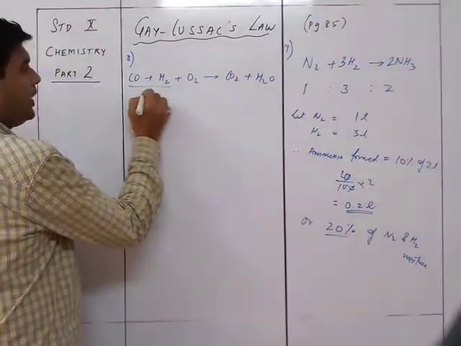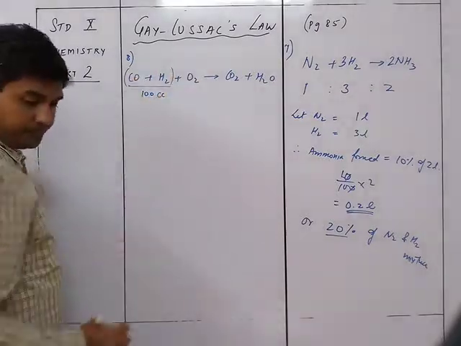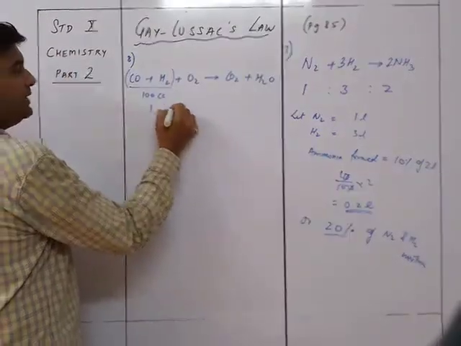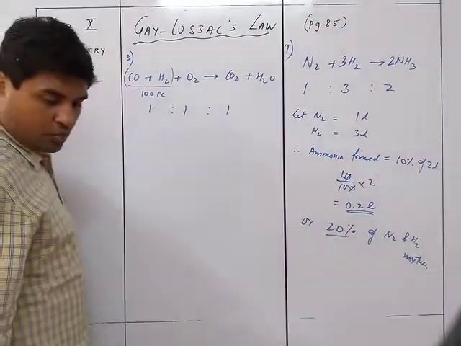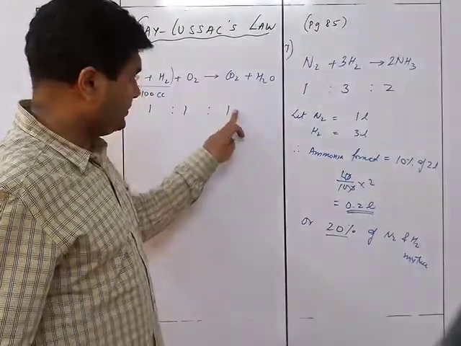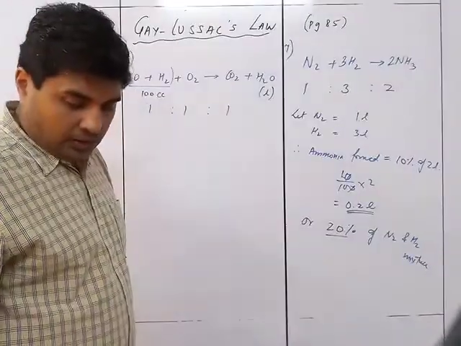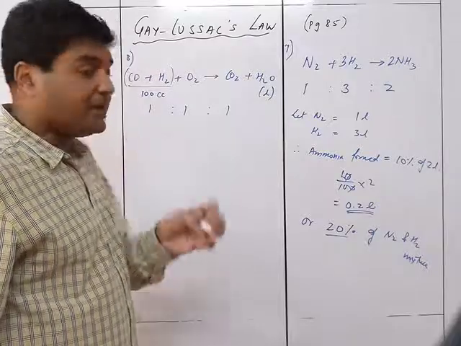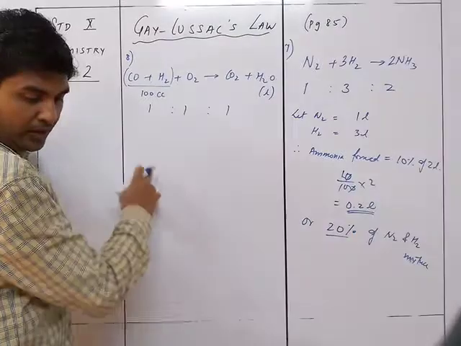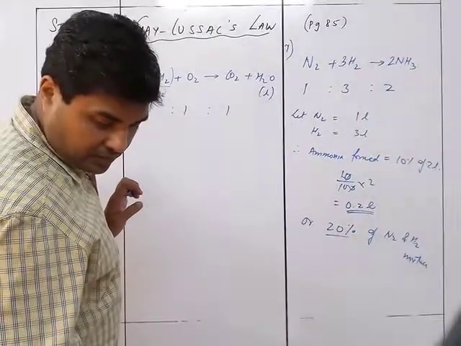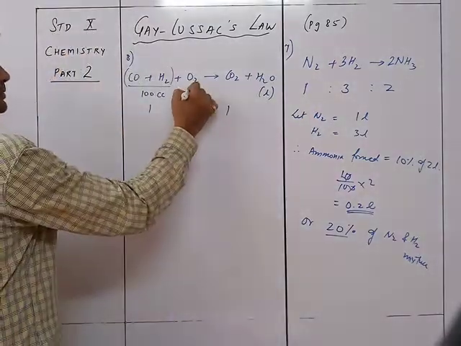So this is 100 cc, and the ratio over here is 1:1:1:1. We will not take water because it is cooled down to room temperature, so water is liquid. Calculate the composition of the resultant mixture. Both the water gas and the oxygen are 100 cc each, a 1:1 ratio.